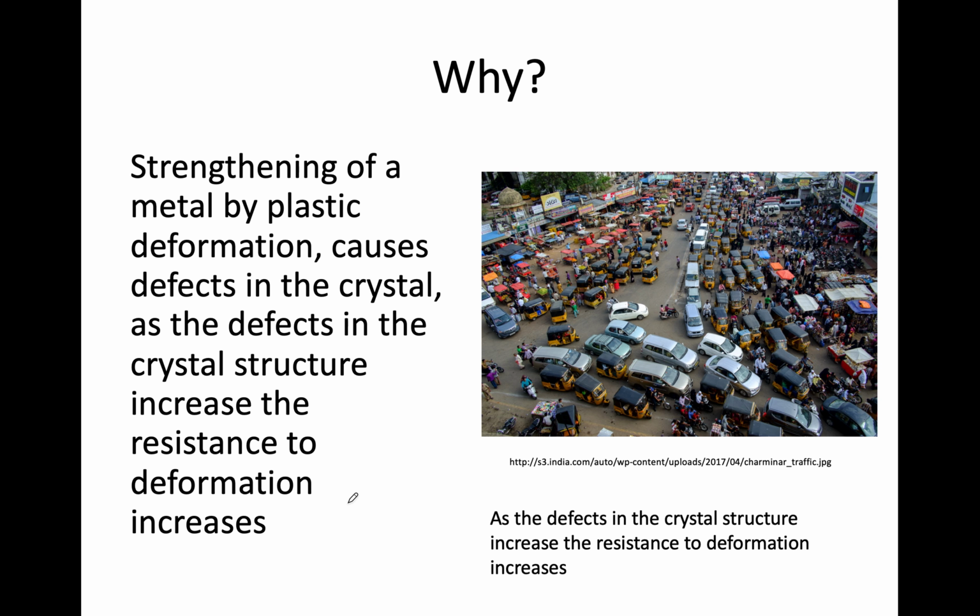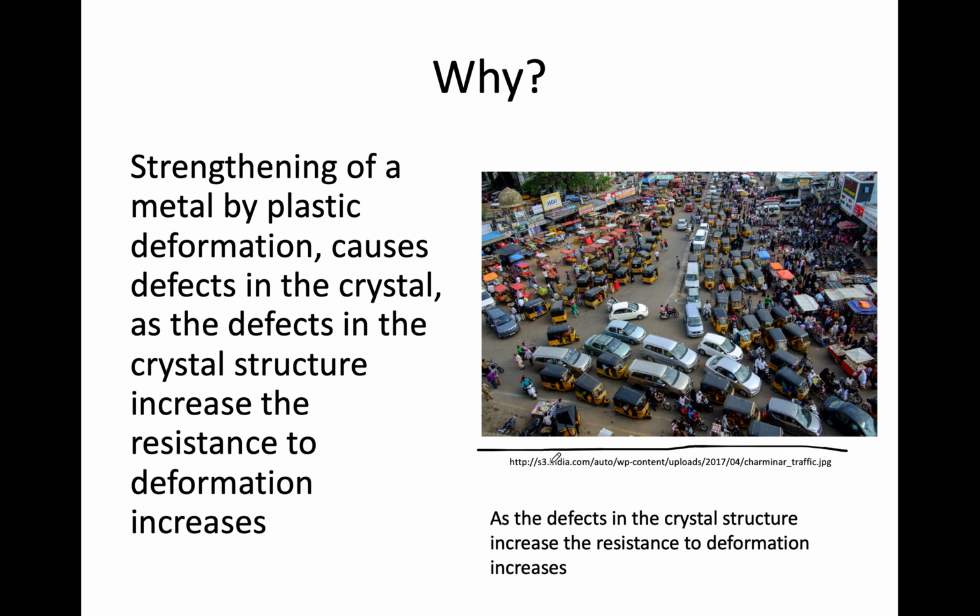Okay, so why in the world does this happen? The best way I can explain this is, if you imagine a really crowded street. So imagine you have a traffic jam, right? The more cars that are in that traffic jam, the harder it is for them to get through. So with strain hardening, the way that materials deform is that defects have to move through the crystal structure.